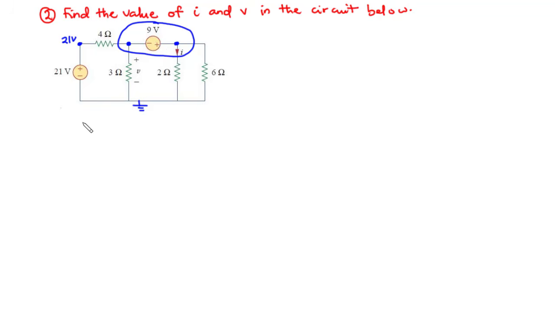Now let's assign current in the circuit. So we have current I 4 ohms entering the supernode. We have current I 3 ohms leaving. We have current I also leaving, and then we have current I 6 ohms also leaving. So we are going to apply KCL at the supernode.